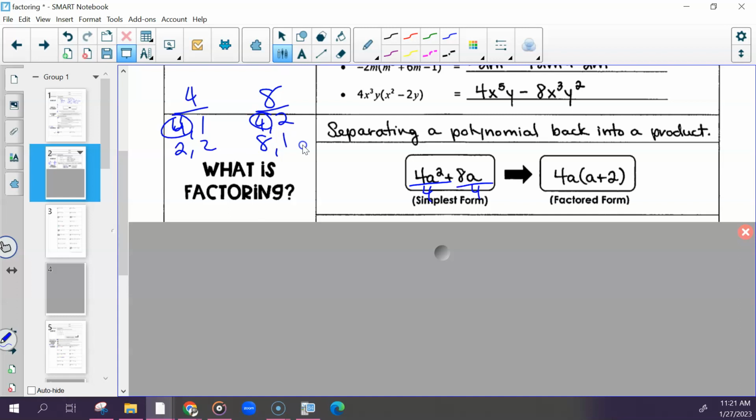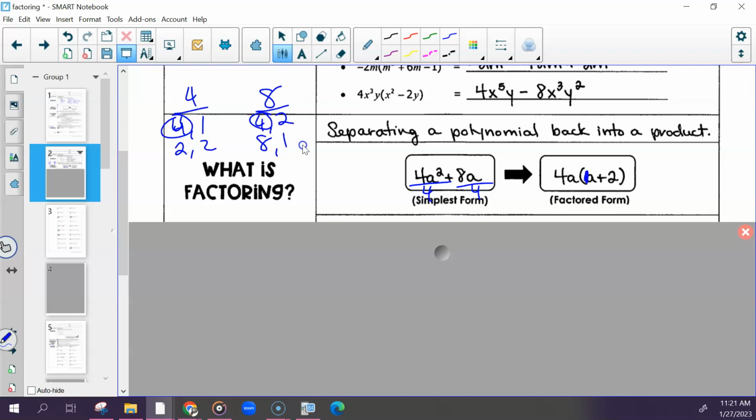But we don't really, we divide, but it doesn't go away. It's weird. Because then we take that number we divided by and we put it outside of parentheses, so we don't actually want it to go away. We're just saying we divided by 4, and that's our factor. It's weird. Right? And then for each piece, you're dividing by 4 and seeing what numbers are left. So 4 divided by 4 is 1. 8 divided by 4 is 2.